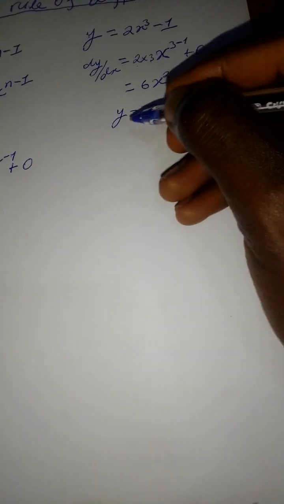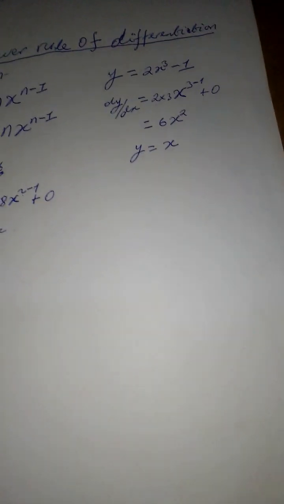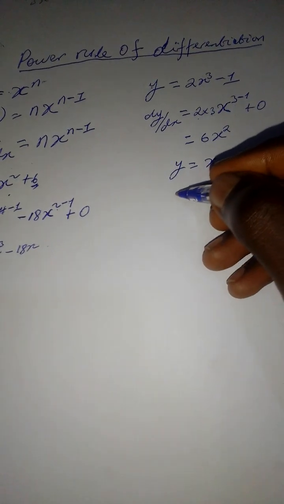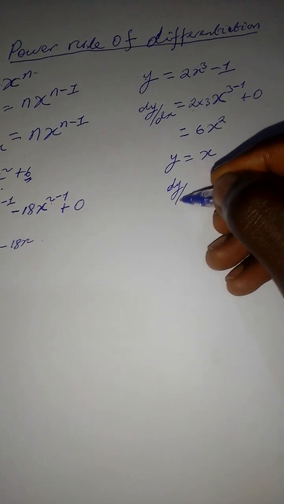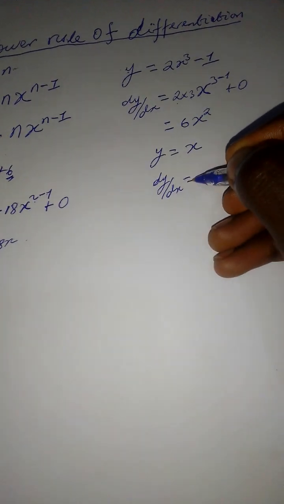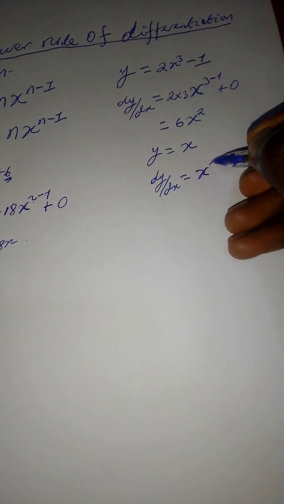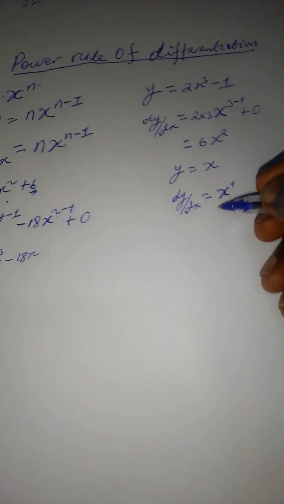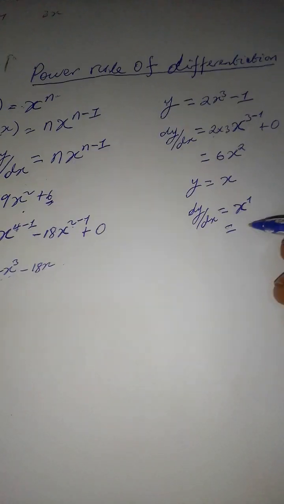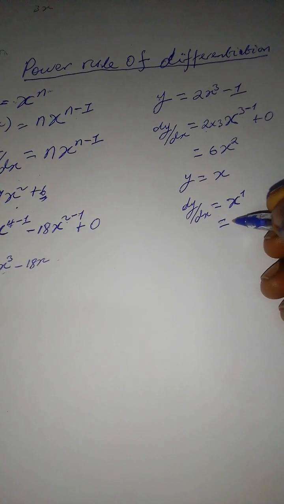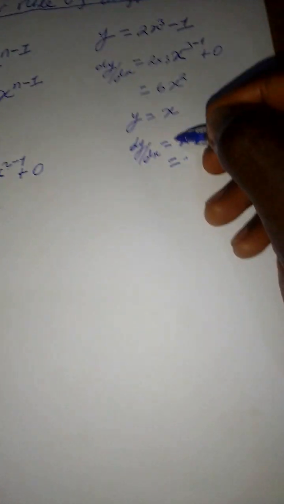So what we simply do is, if you have paused the video and come back, the solution of this is dy/dx equals to, we look at x as x to the 1 power. So dy/dx will simply be, you multiply. So let's consider there's always a 1 here to be n.